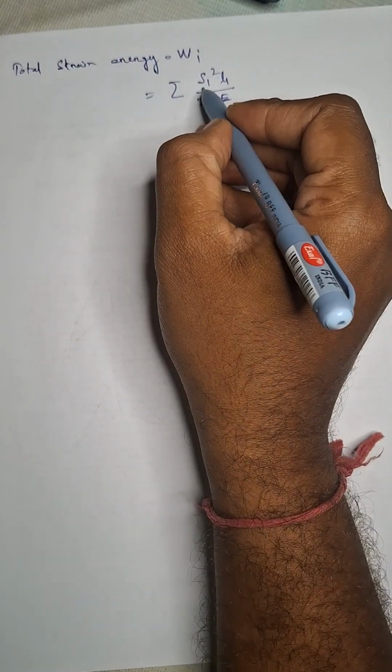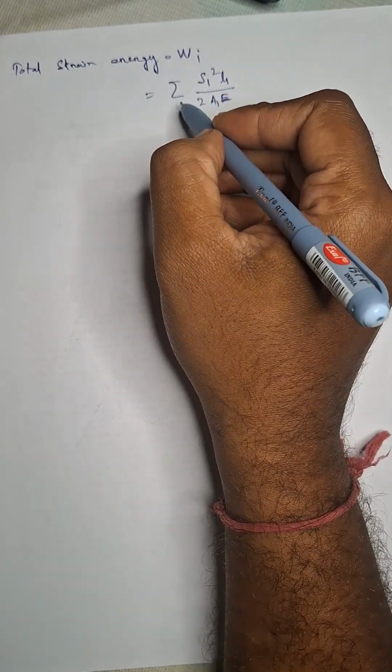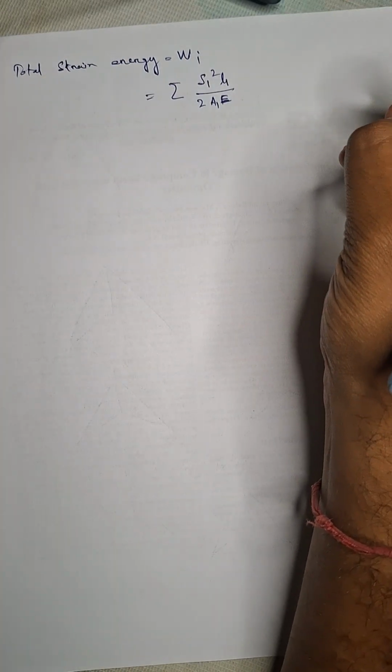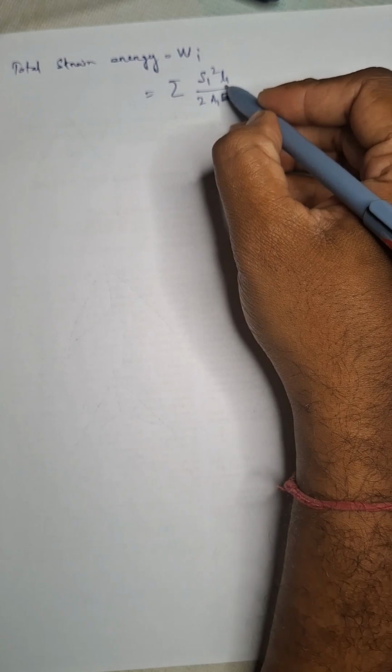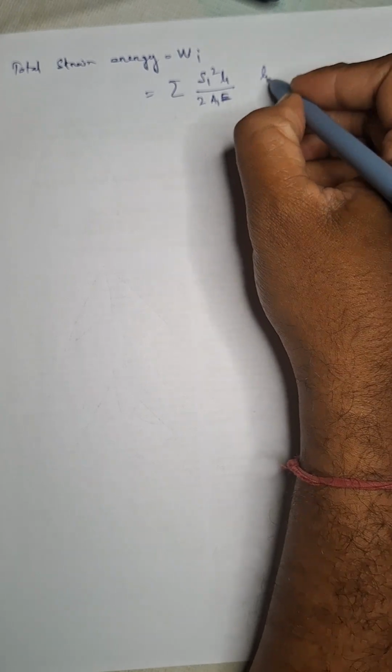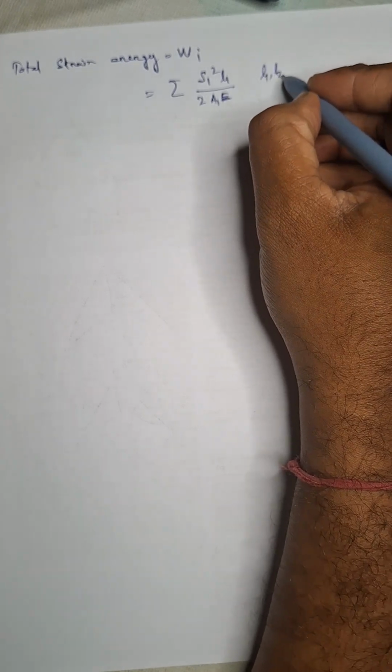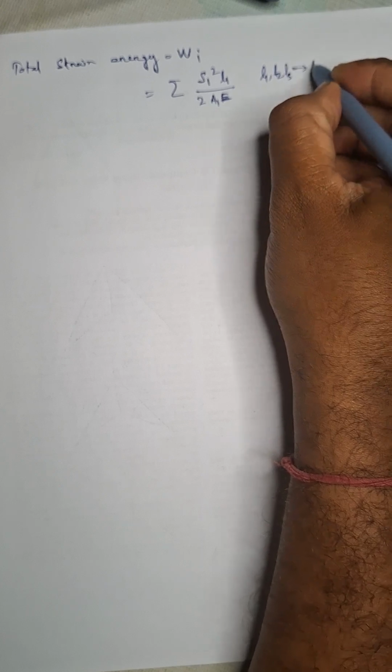Similarly, if we apply summation for all the members, we can find out the strain energy stored, where L1 is the length of each member. L1, L2, L3 will give lengths, A1, A2, A3 will be cross-sectional areas, and E is the modulus of elasticity.